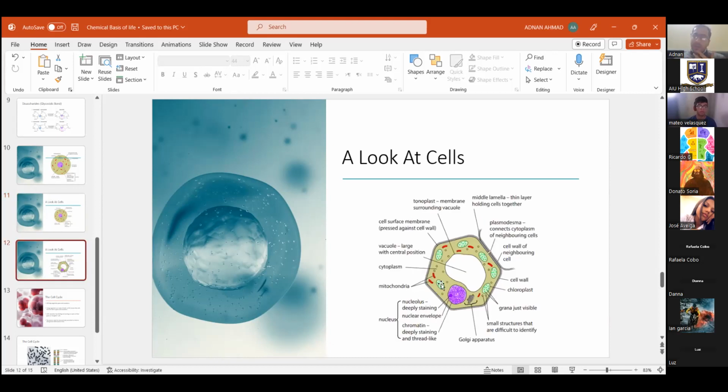So here you can see a large vacuole. The function of the vacuole is that plants, as you would already know, require lots of water. So the water balance for a plant is very essential.